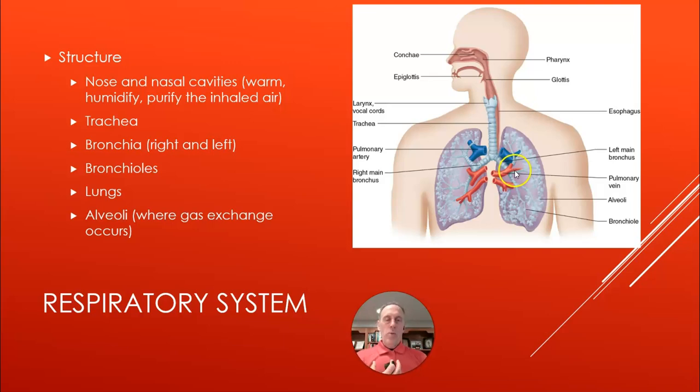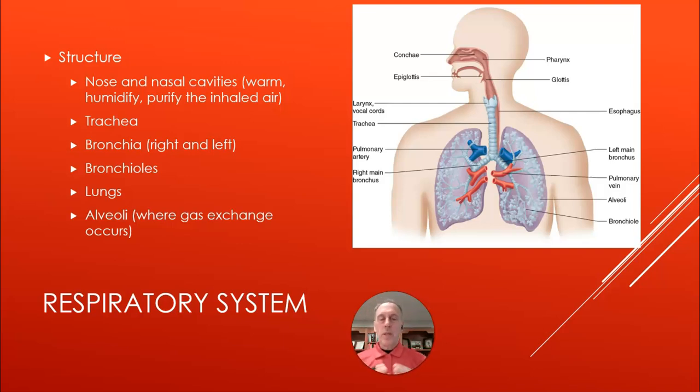Oxygen that we pull in is loaded into the blood. It's sent back to the heart via the pulmonary veins, nice job, to where it goes to the left side of the heart to be squished out to the body. Again, for the red line to make its way all the way back to the blue line to be sent to the lungs again. So what we're seeing is the second part of this process.